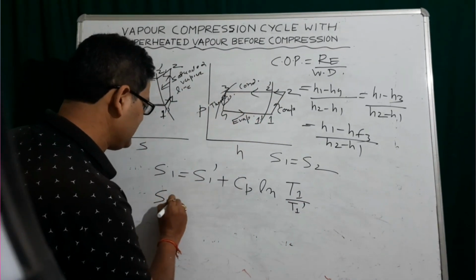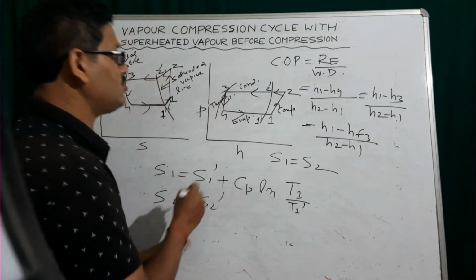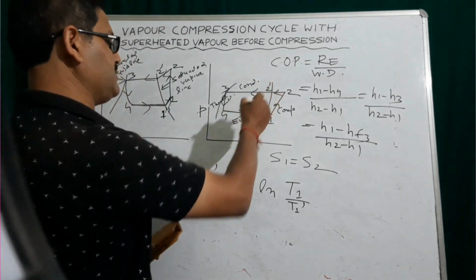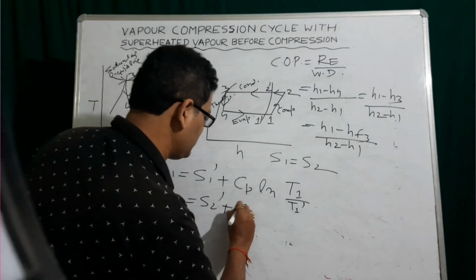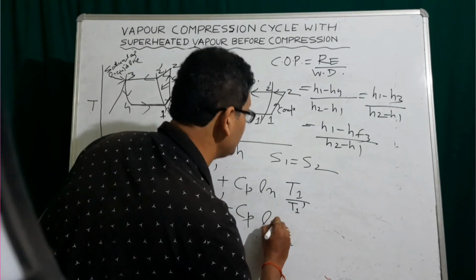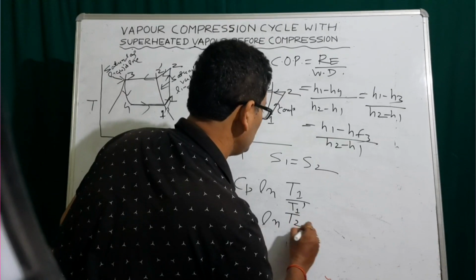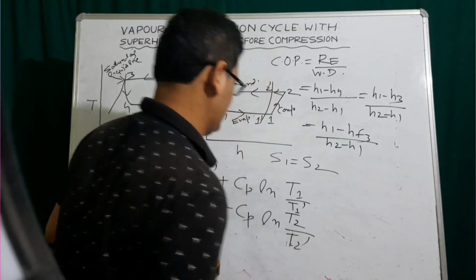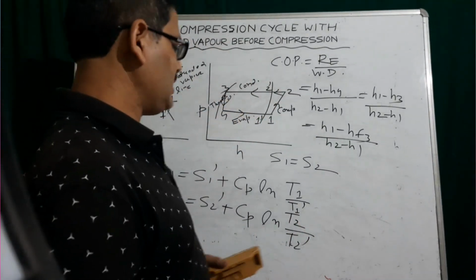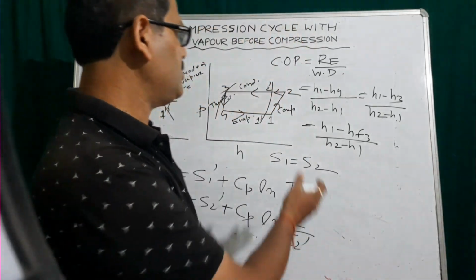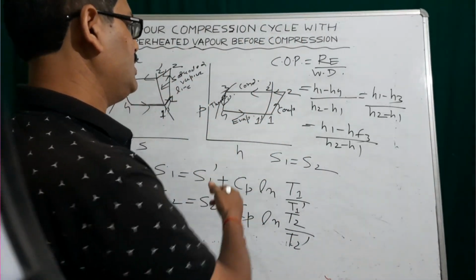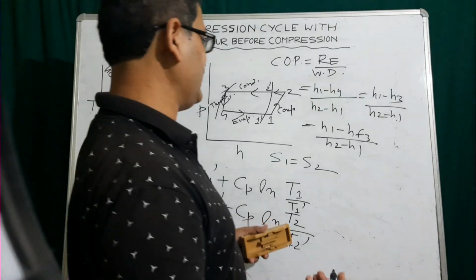Similarly, S2 is S2 dash, that is entropy corresponding to this point 2 dash plus specific heat at constant pressure times ln T2 by T2 dash. So if one of those values is known, the other value can easily be found out.